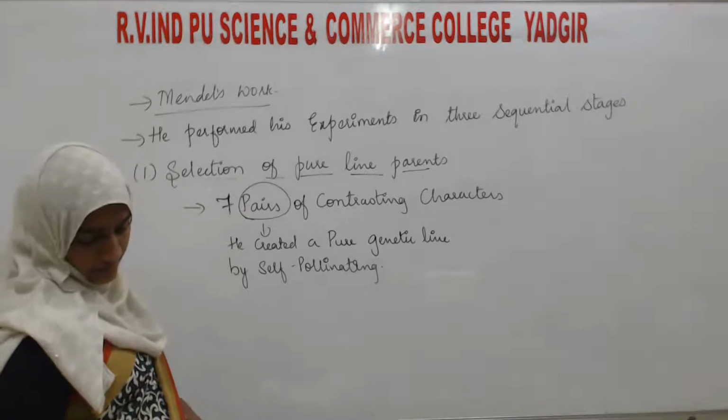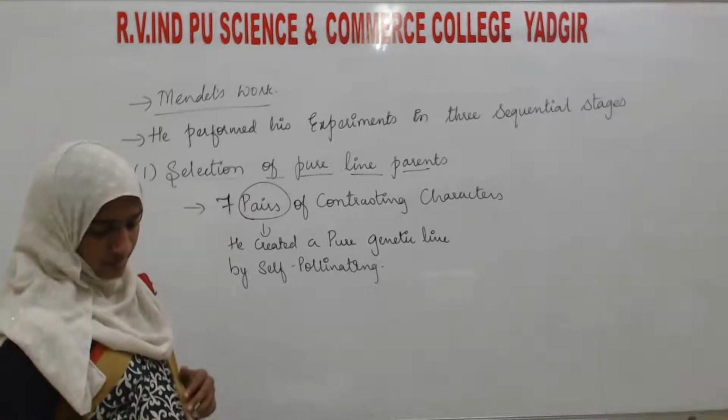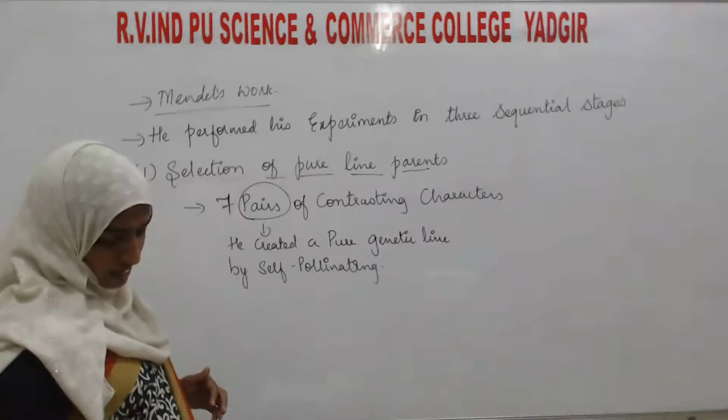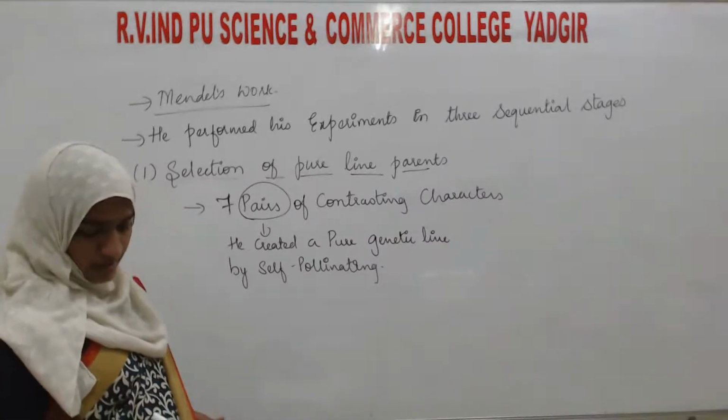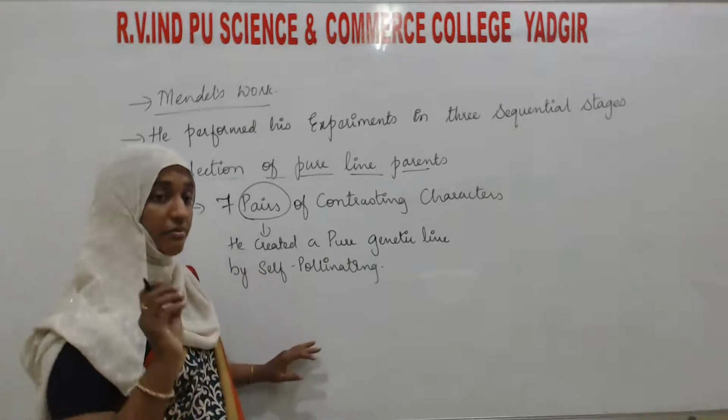Okay, self-pollinating each of the types. For example, he self-pollinated a tall pea plant. See, he created a pure genetic line, meaning what?